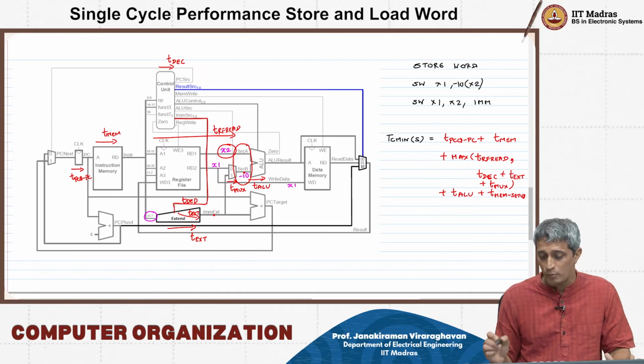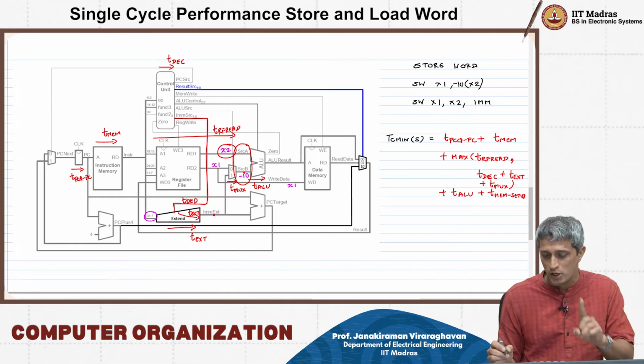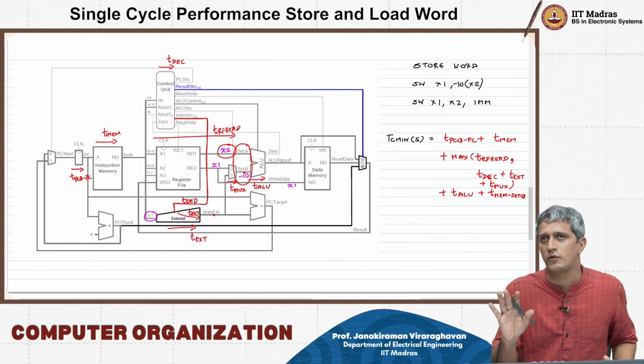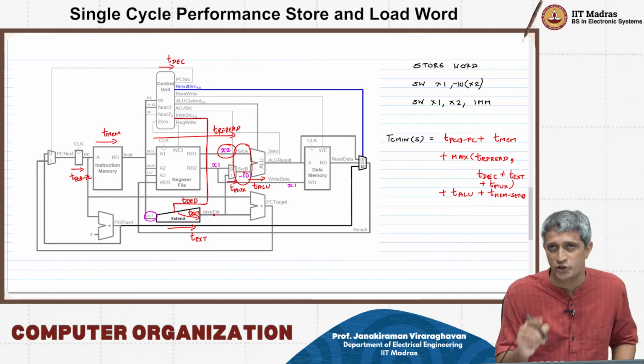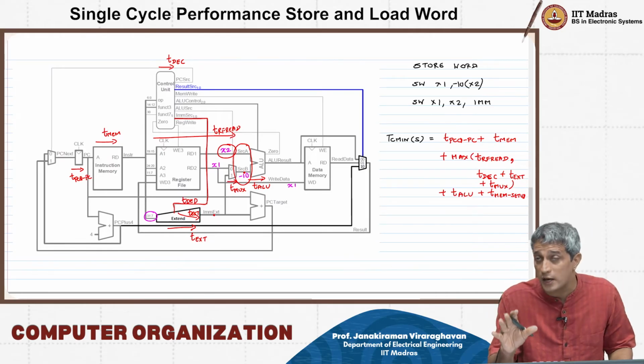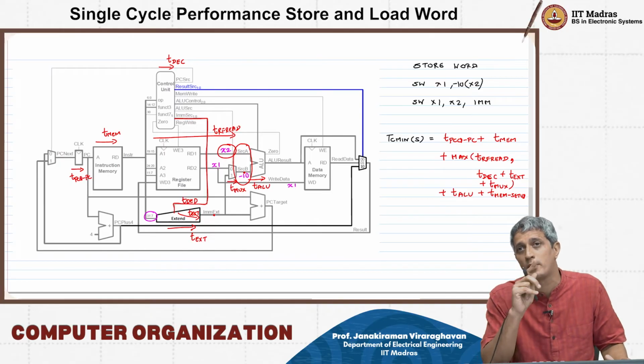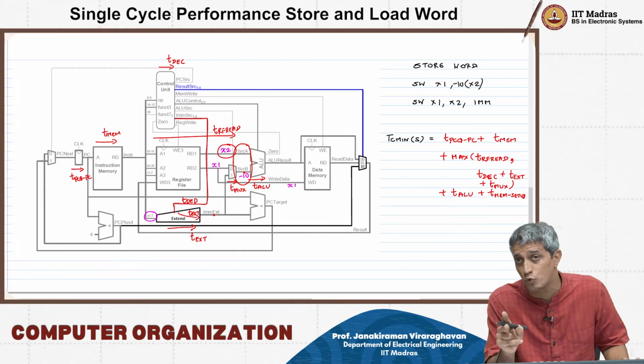So remember, in the branch on equal alone, the ALU is only used to compare the two registers.